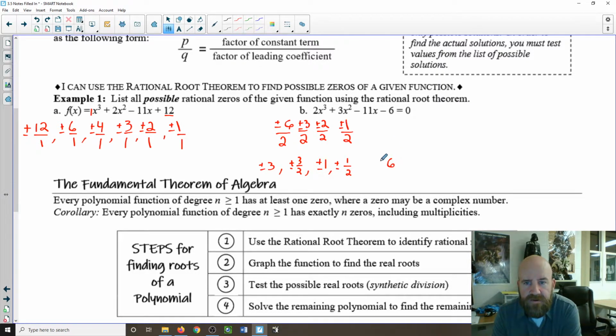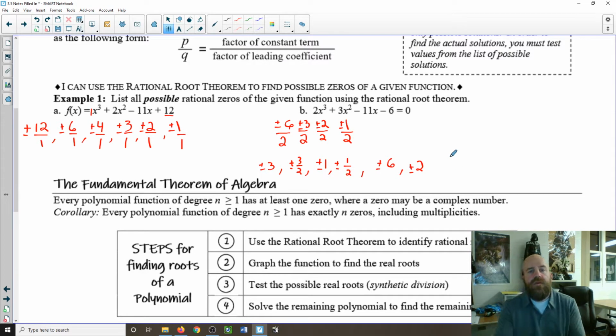So 6 over 1. I'm just going to keep adding to the list down here. Then we would have 3 over 1, which we already have 3 here, so we don't need to write it again. And then we would have 2 over 1, so 2. And we would have a 1 over 1, which would just be this one, so we don't have to write those. So these are all the possible zeros. So again, we have 12 of them.